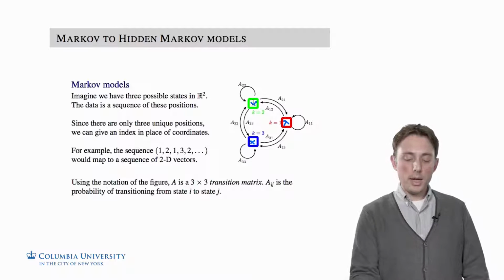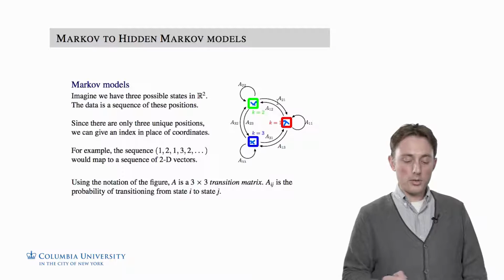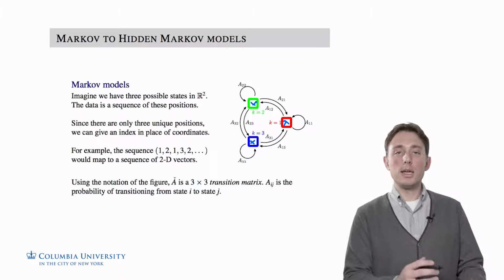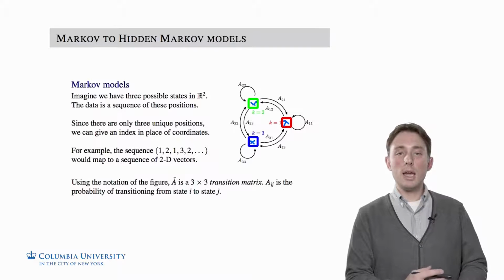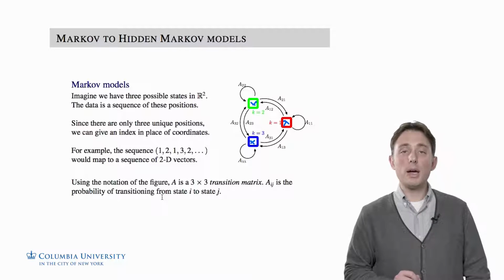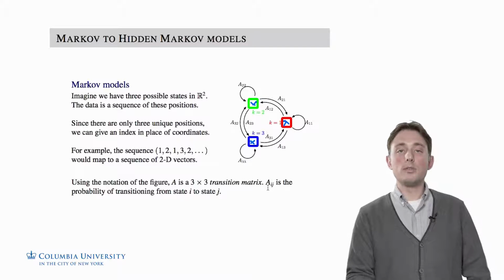And so when we generate a Markov sequence, we have, for example, the Markov transition matrix A. In this lecture, we're going to switch to the standard notation A for a hidden Markov model. If we assume that we have a 3x3 Markov transition matrix A, then the ijth value is the probability of transitioning from state i to state j.